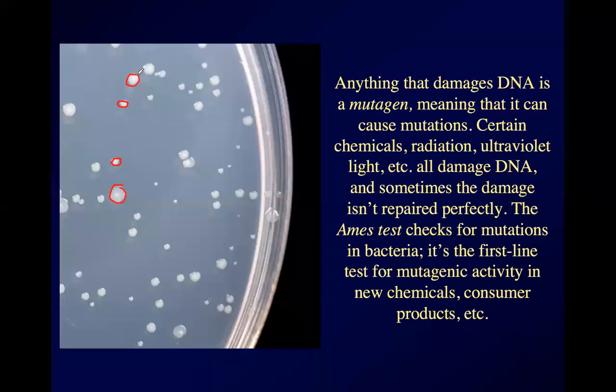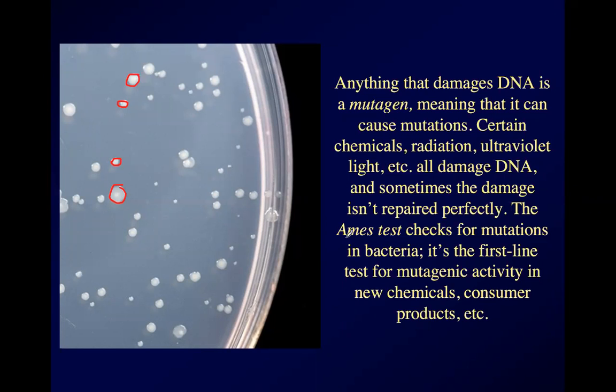So these are bacteria growing on a culture dish. There is a relatively simple technique where you can grow certain bacteria in a culture dish, expose them to a chemical or anything else, grow the bacteria on the dish, and check for mutations.